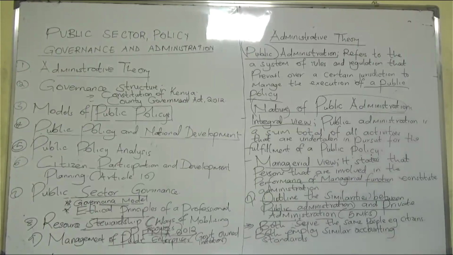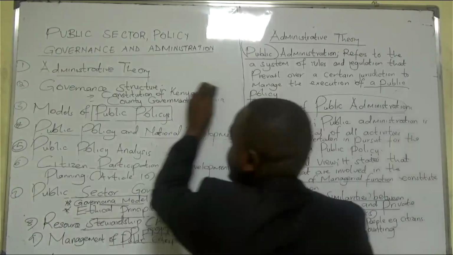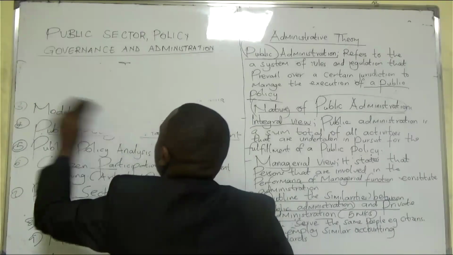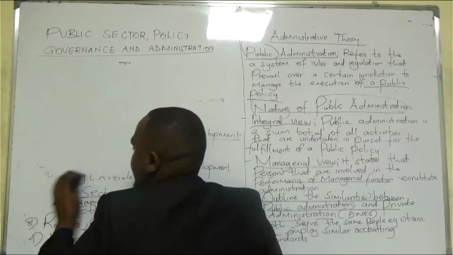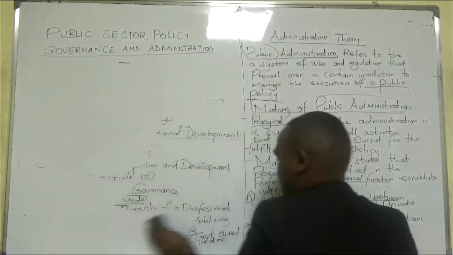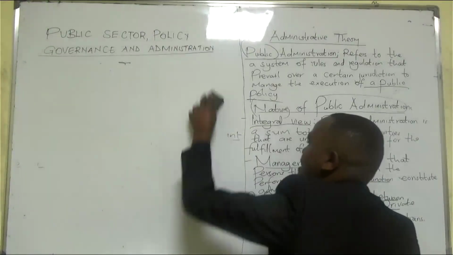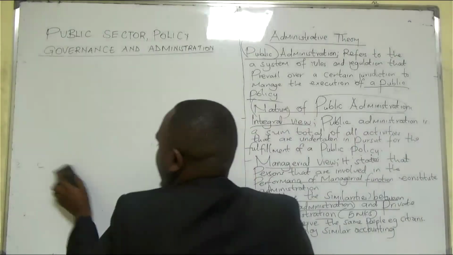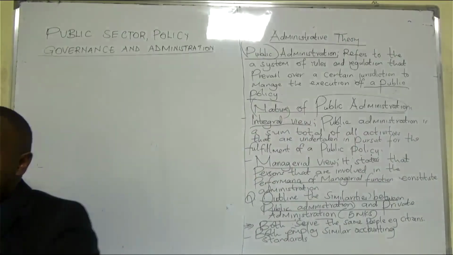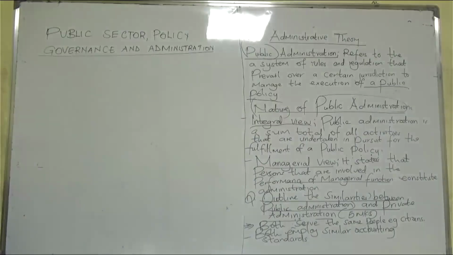Okay? We have to adjust any changes that have happened in the financial accounting standards. So we are saying both of them, they apply both in the public sector and in the private administration. They are applying the same accounting standards.